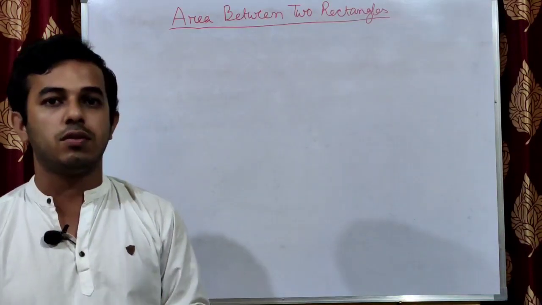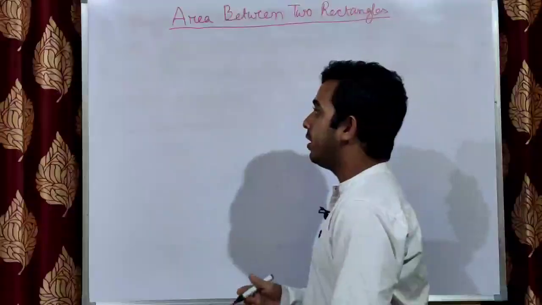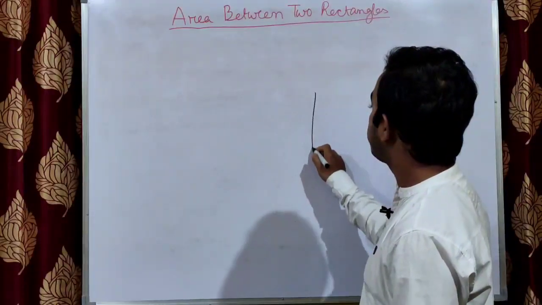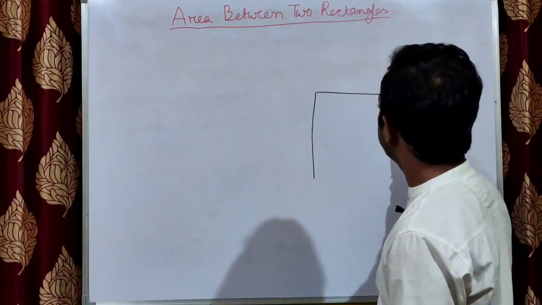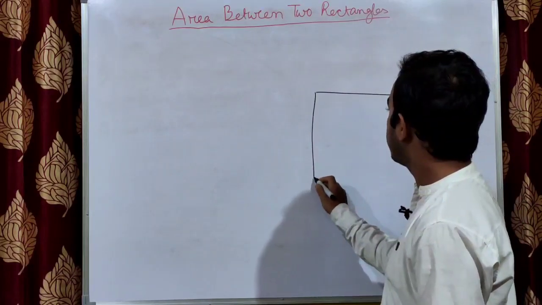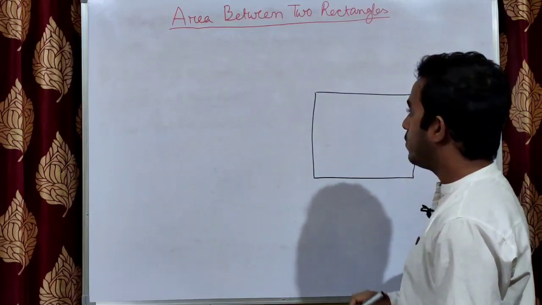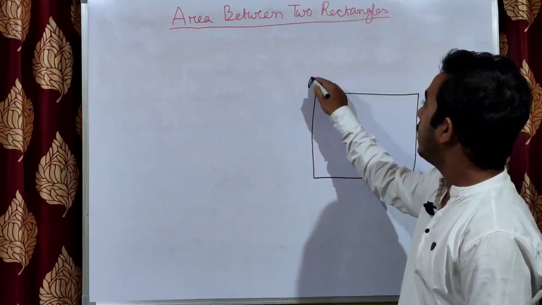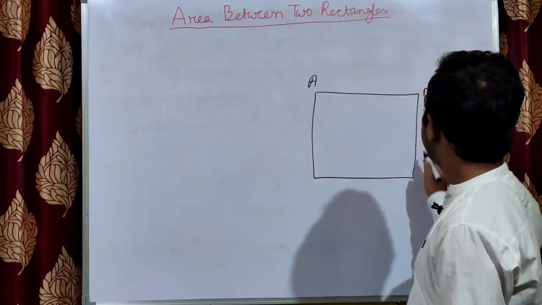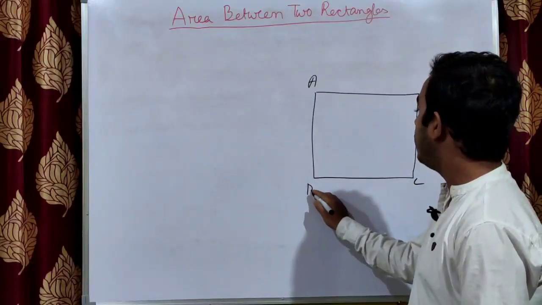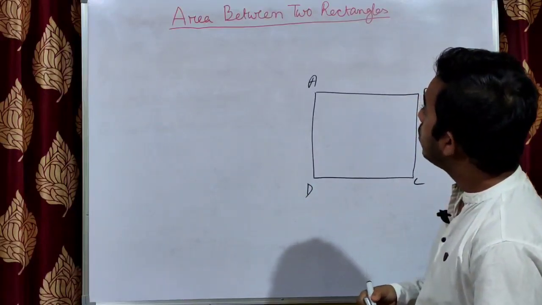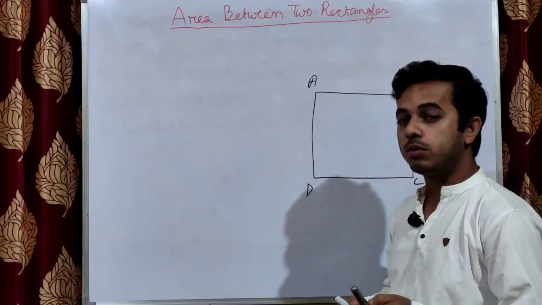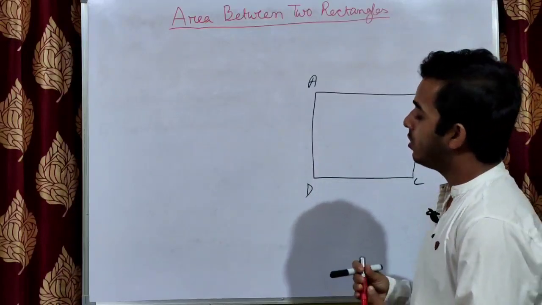So first of all, let us draw a rectangle. Suppose this is our rectangle ABCD. For an area between two rectangles, we have to consider another rectangle also.